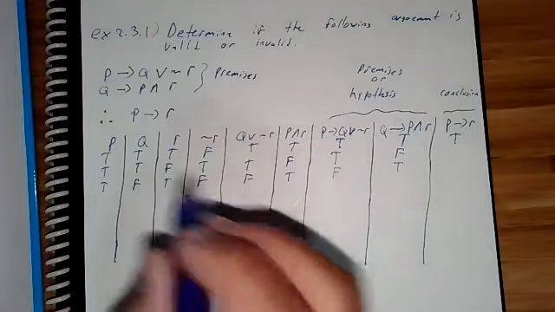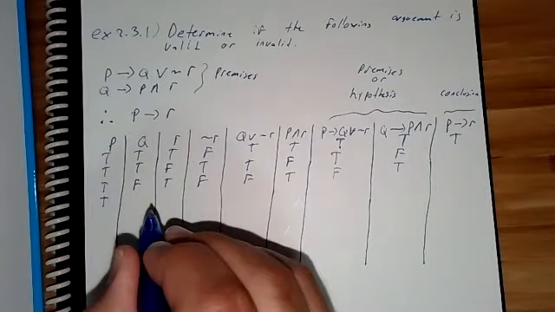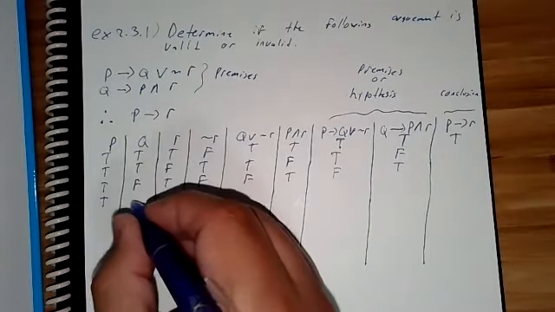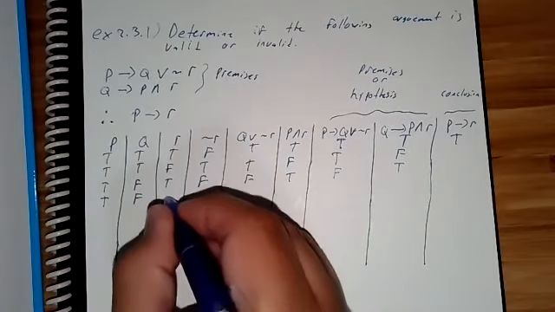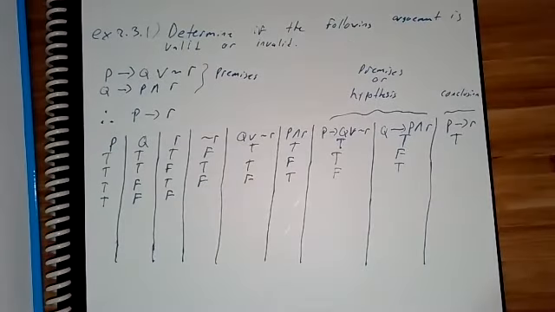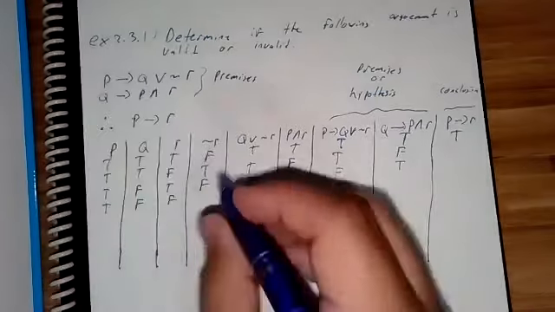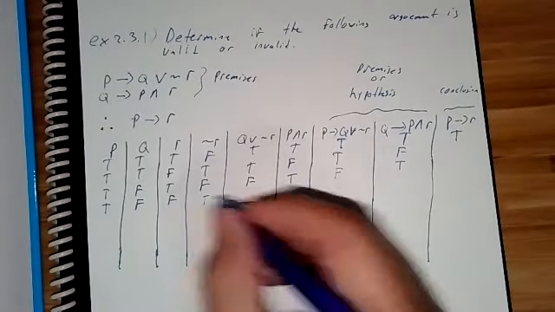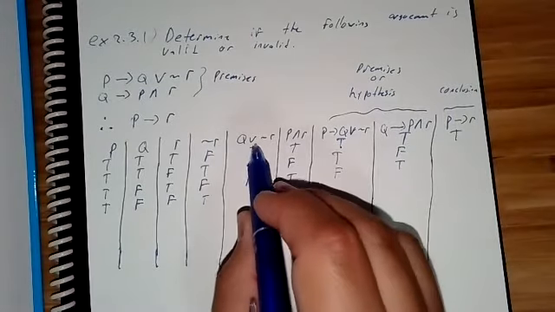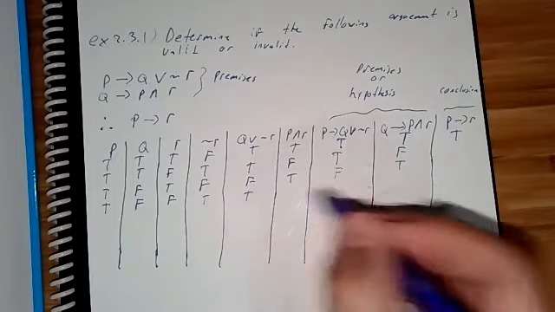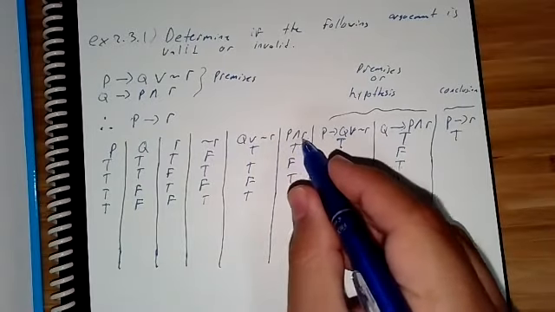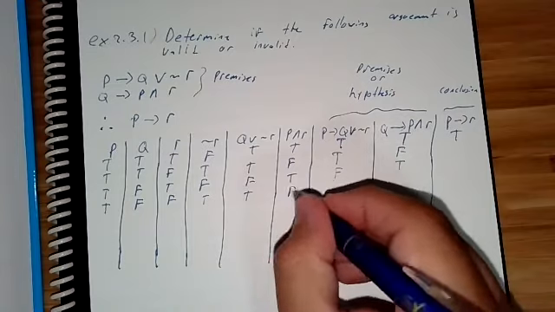Okay, next one. True. False, false. So this would be true. This would be false or true. This would be true and false, right?